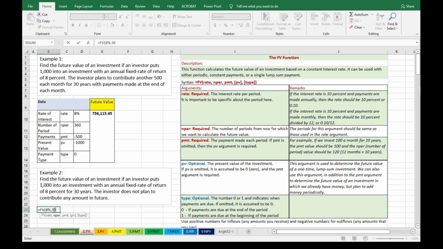PMT, he is not making any payments, so we can leave it blank. Then PV is minus 1000, he has already paid. And type, we can leave it blank because it's optional argument, so we'll close the parenthesis and enter. So at end of 30 years he will get 10,062.